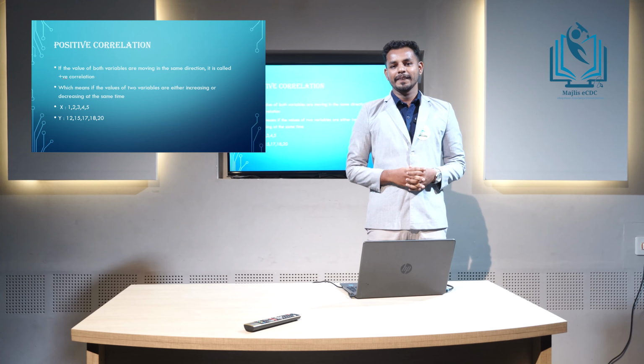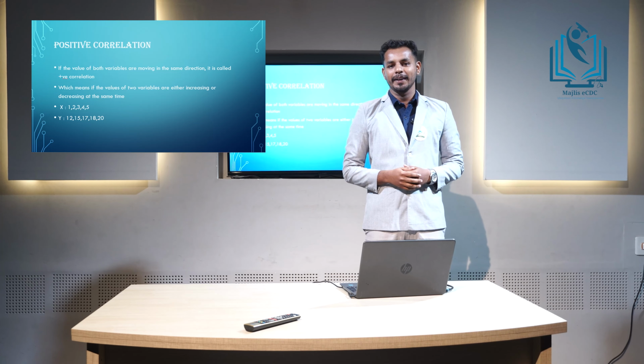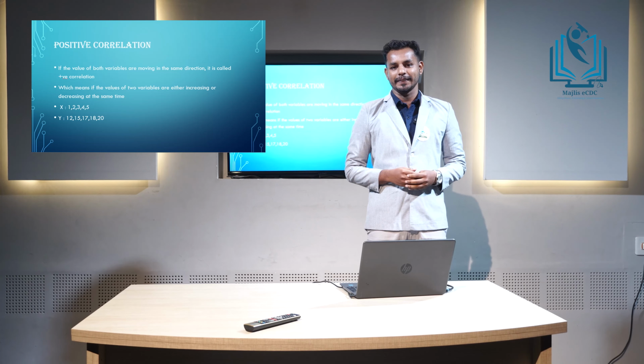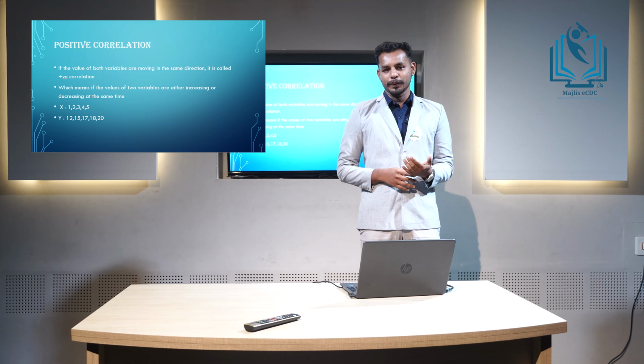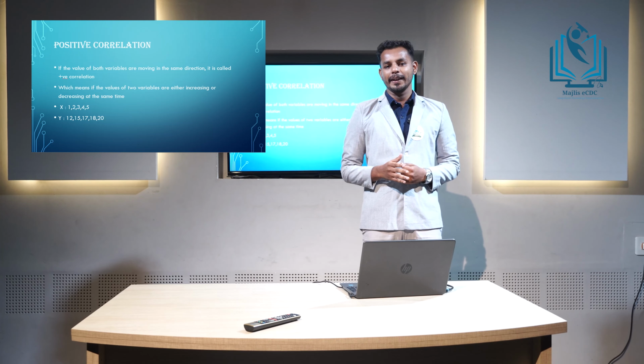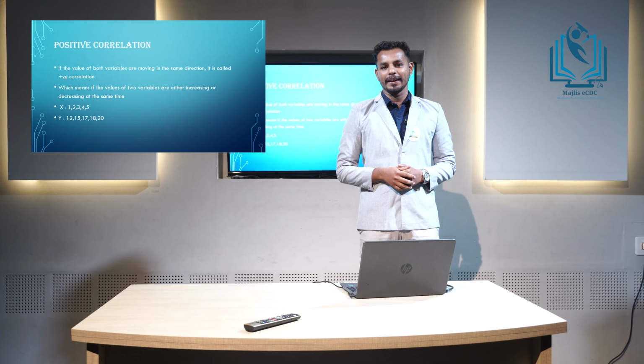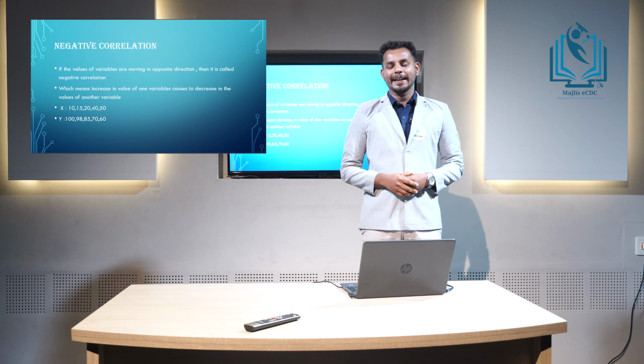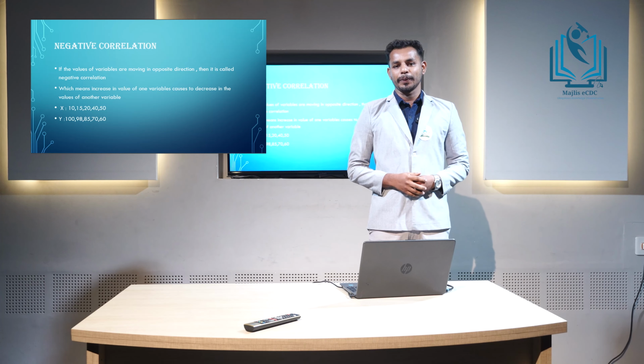Positive correlation means if the values of both variables are either increasing or decreasing at the same time, it is called positive correlation. It also indicates the values of variables moving in the same direction at the same time.